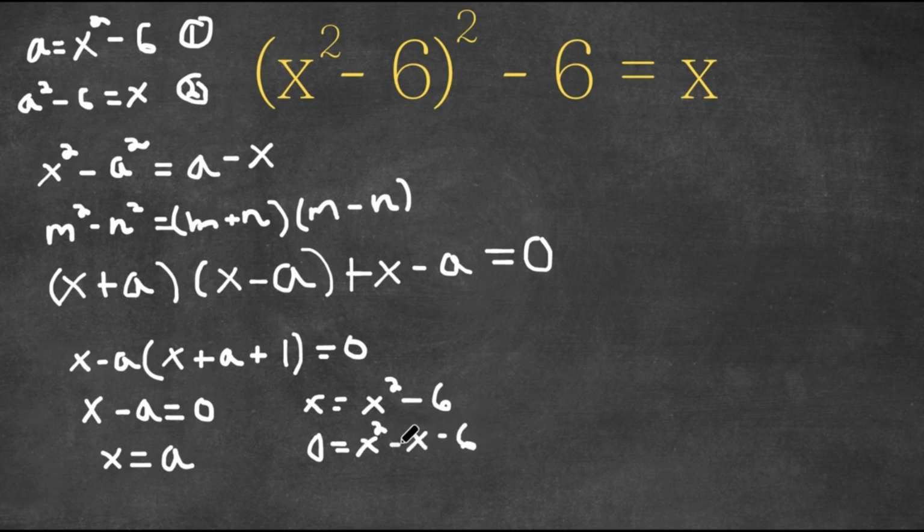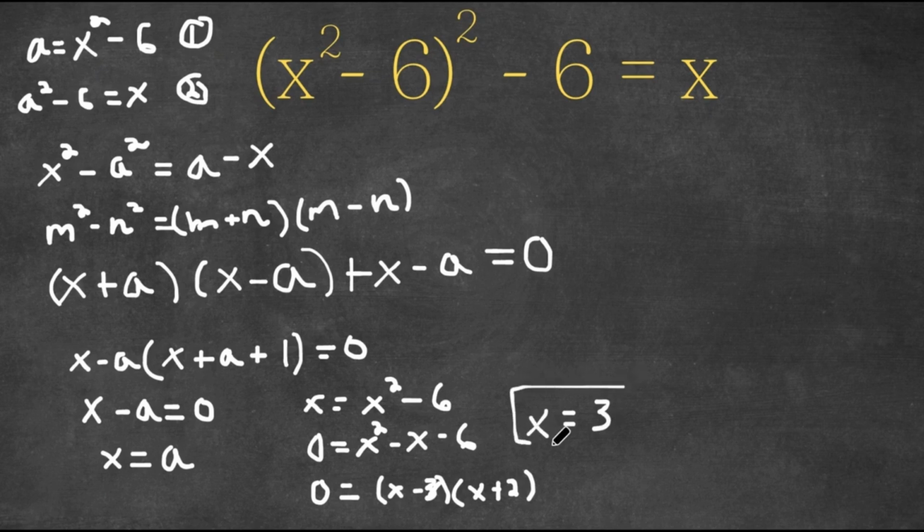Now we have a quadratic equation, which simplifies to 0 is equal to x minus 3 times x plus 2, meaning our two solutions for x would be x is equal to 3 and x is equal to -2.